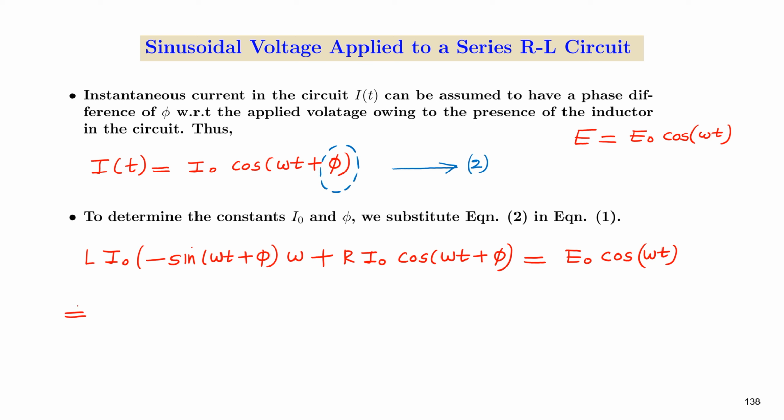When we rearrange this equation, it will be negative of L I0 omega sine(omega t plus phi) plus R I0 cos(omega t plus phi) equal to E0 cos omega t.